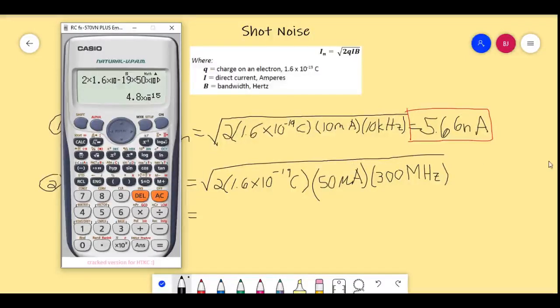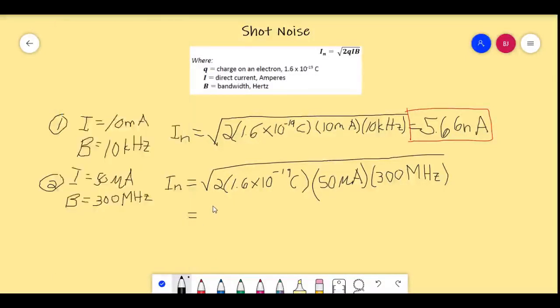Again, don't forget that we still have to do the square root of the answer, which gives us 6.93. This is in negative 8, so we have to press ENG once, and we get 69.28 nanoamperes. And there we have it.